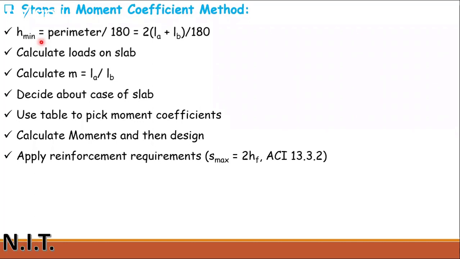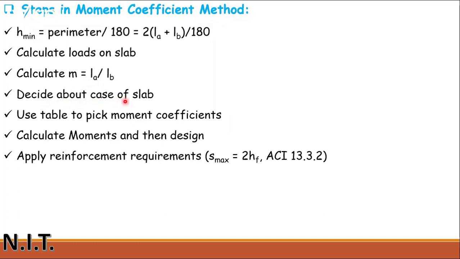The only available formula is h minimum equals the perimeter of the slab divided by 180. Then you need to calculate the loads applied on the slab, and then calculate the m factor, that is LA divided by LB. Then decide the case of the slab.